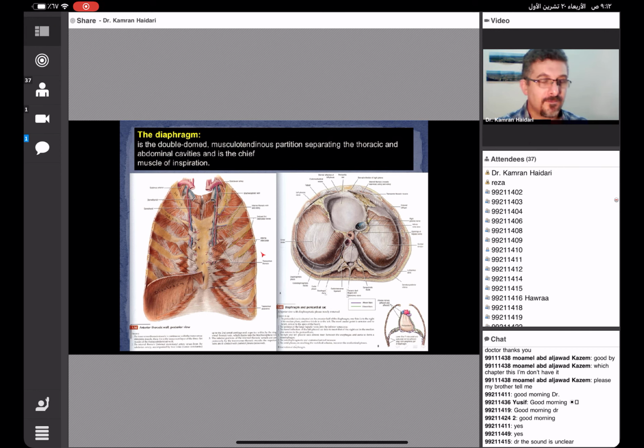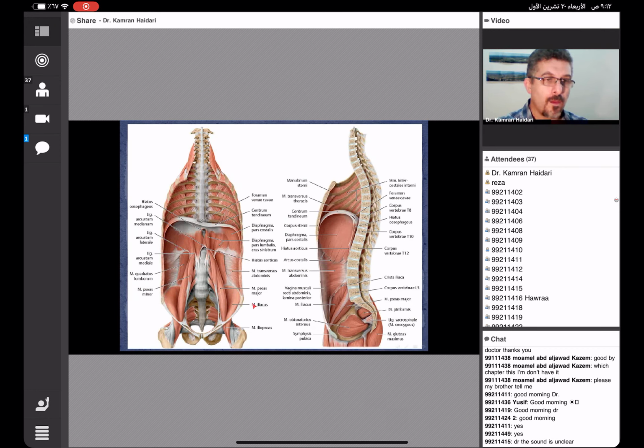The diaphragm consists of two domes, left and right.